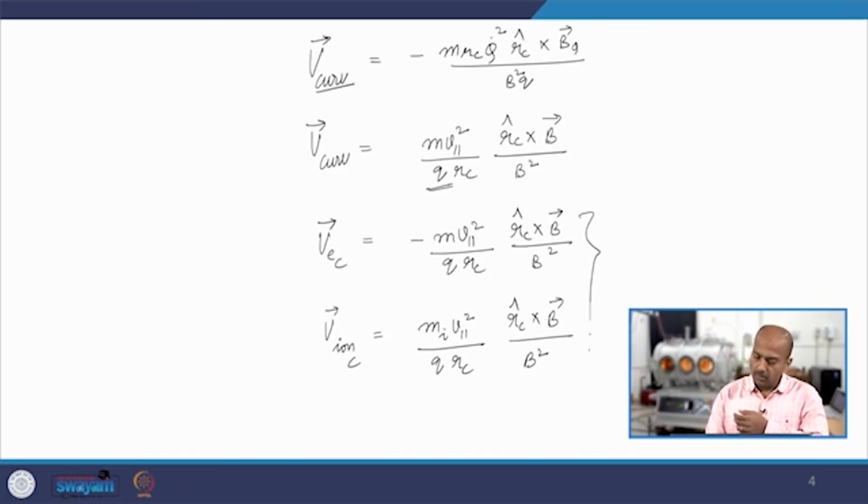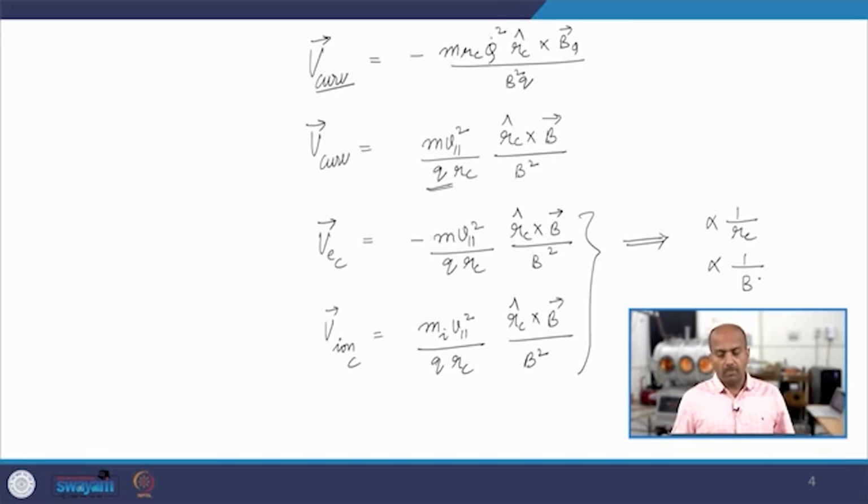So, from this we can infer that the curvature drift velocity is proportional to 1 by RC. So, the greater the radius of curvature, the smaller the drift velocity, and it is proportional to 1 by B, not B square, 1 by B.